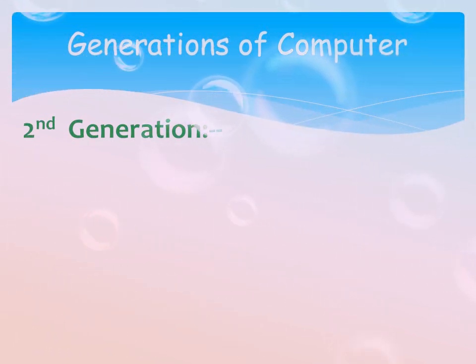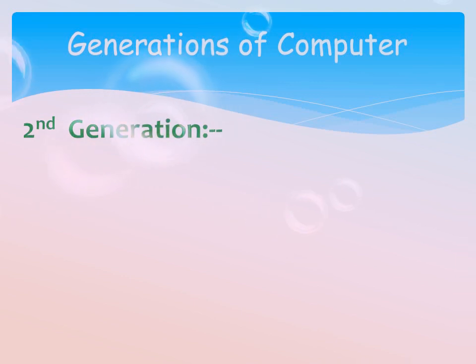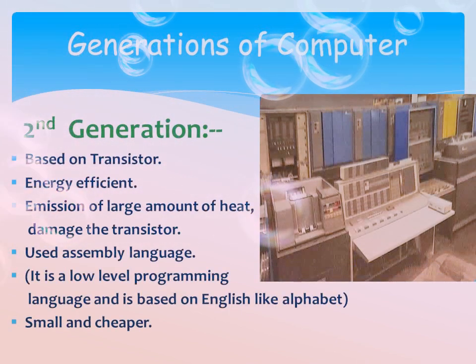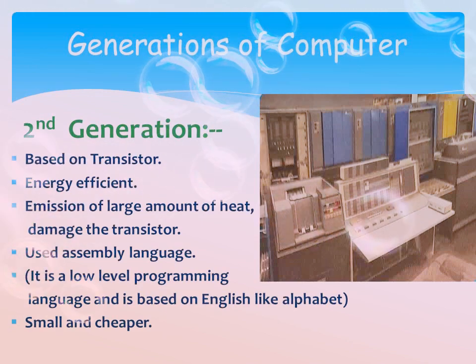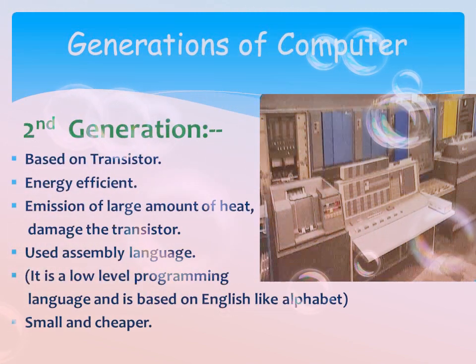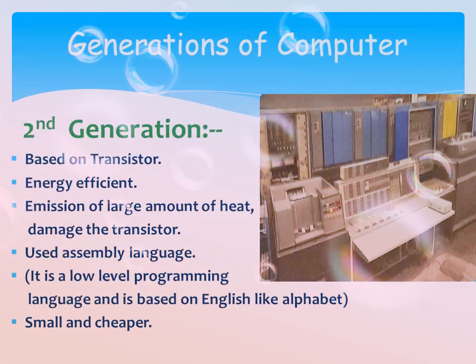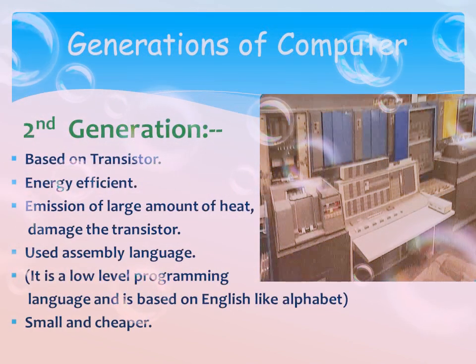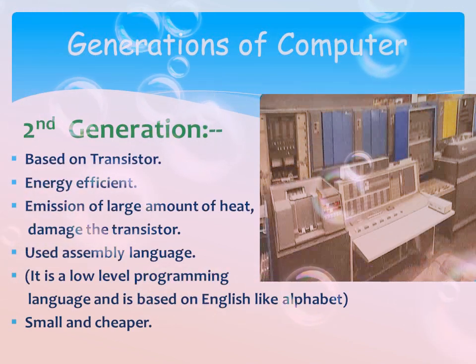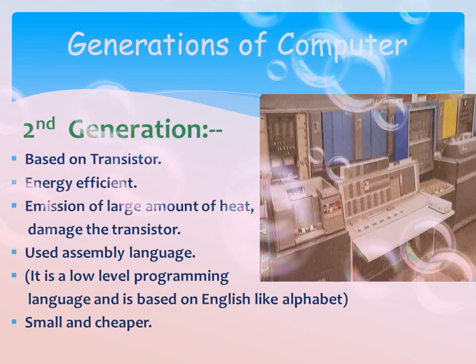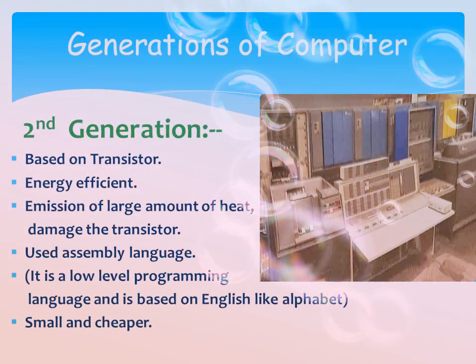Second generation computers were based on the transistor. Transistors made computers smaller and cheaper, and also energy efficient, but transistors were subject to damage because of the emission of a large amount of heat from the computer.